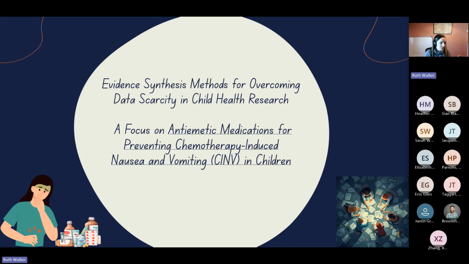So think more the management of side effects. And specifically, I've been looking at antiemetic medications, so that's anti-sickness medications, for the prevention of chemotherapy-induced nausea and vomiting in children and young people. And I'll refer to this as CINV from here on.